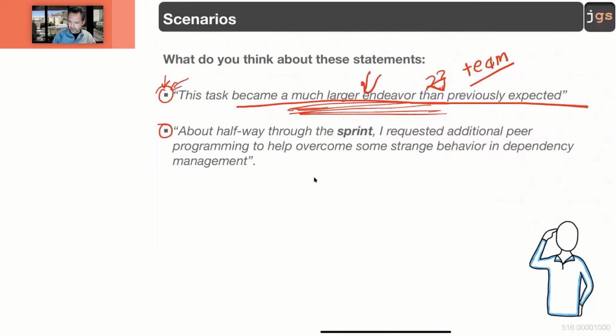The second one, and this is a red flag. What do you think about the second comment? Anyone there?